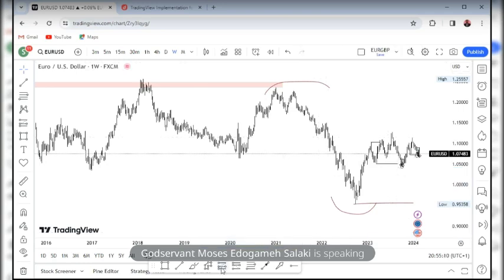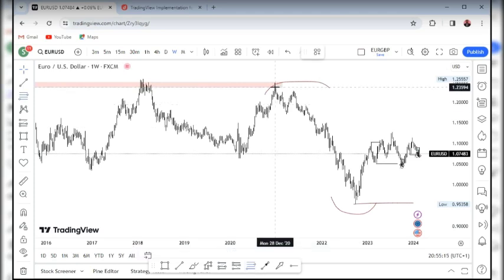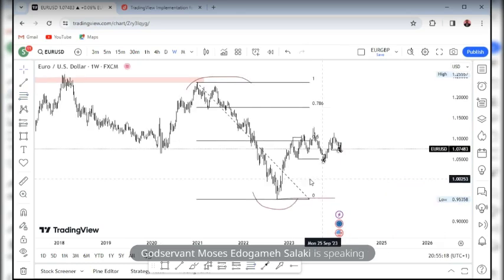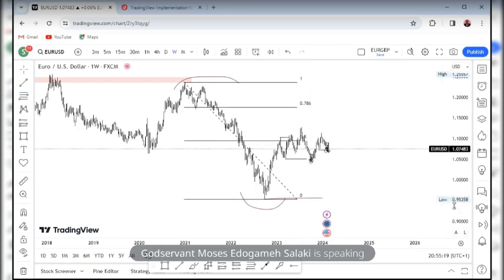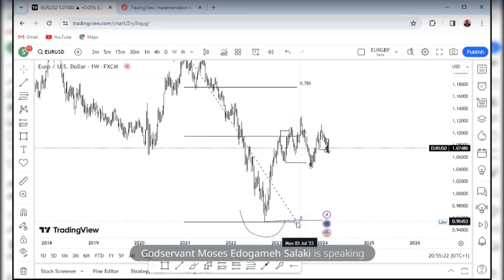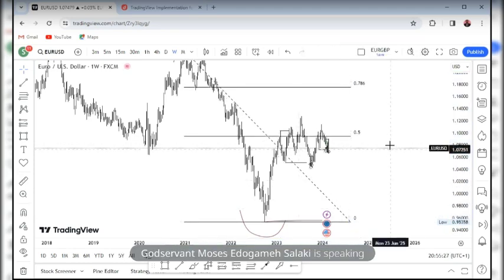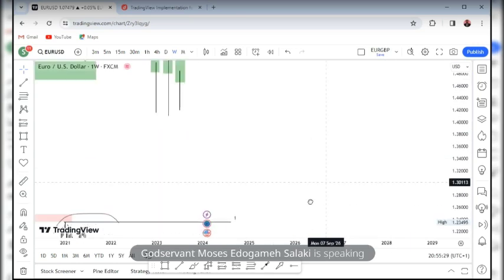So if I bring up my Fibonacci, put it on the last high and bring it to the low, what will you discover? Price is already at the 50% region. Since price is at the 50% region, I want to see this model.